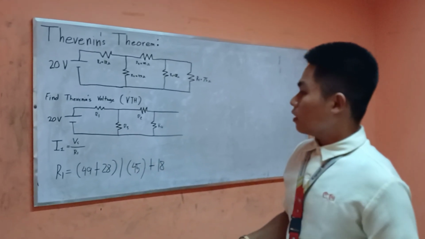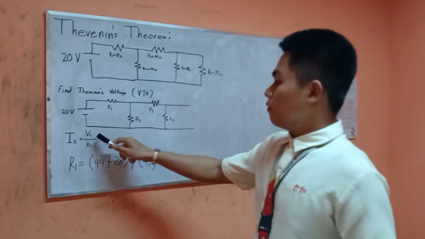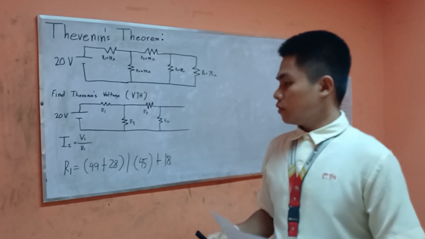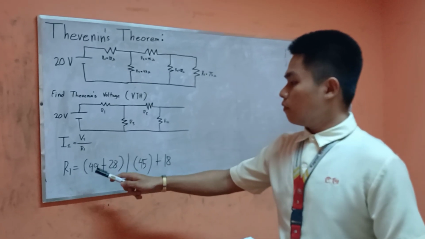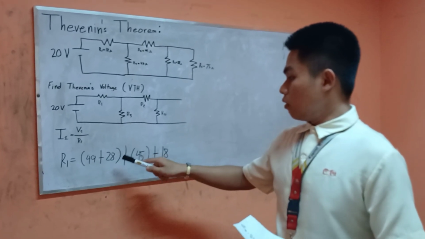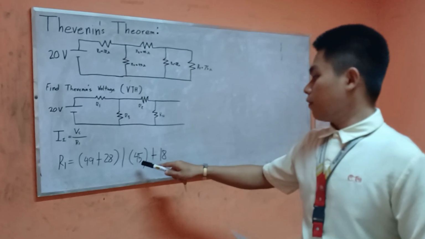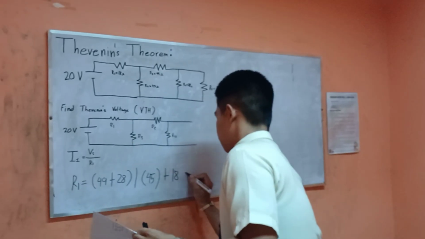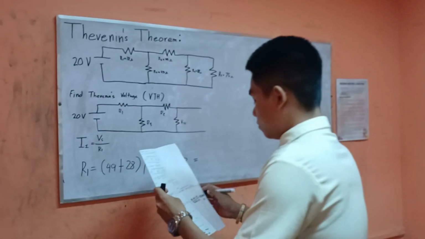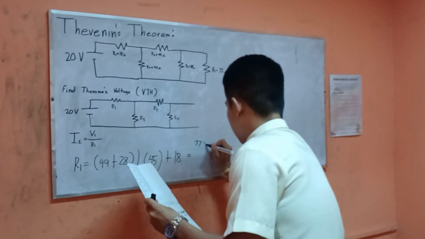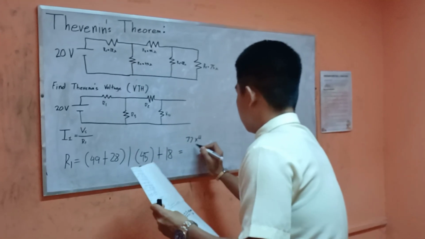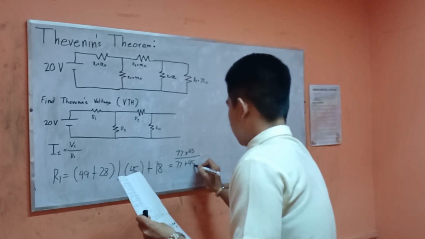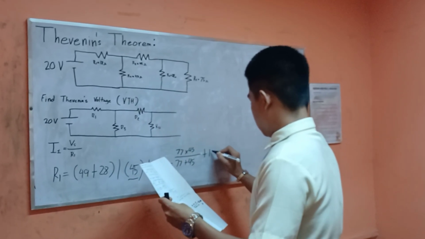Now, to solve the first loop, I1 is equal to Vs over R1. But we need to find R1 first, which is parenthesis 49 plus 28 ohms parallel with 45, close parenthesis, plus 18 ohms, which is equal to 77 times 45 over 77 plus 45, plus 18.